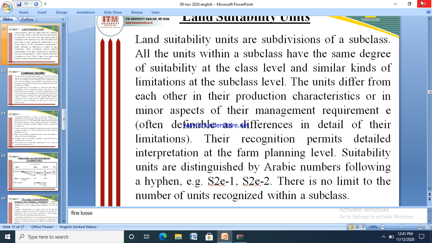This recognition permits detailed interpretation at the farm planning level. Subclass units are distinguished by Arabic numbers following hyphens, such as S2E-1, S2E-2. There is no limit to the number of units recognized within a subclass.